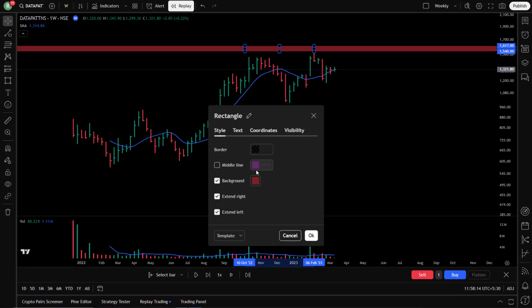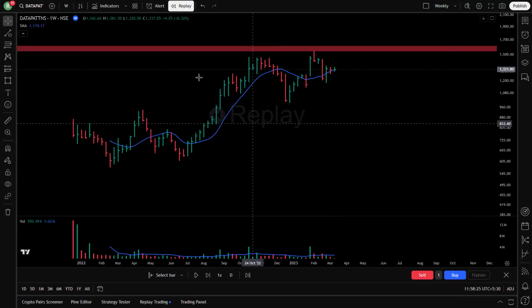Sorry, what happened here? Can you see this now? I hope. What is happening? Let me see what's happening here. I don't know whether you can see this or not. I hope you can see the chart. But anyways, just a second.